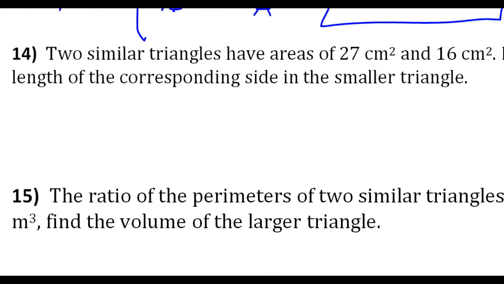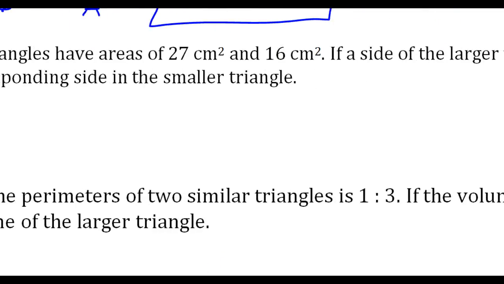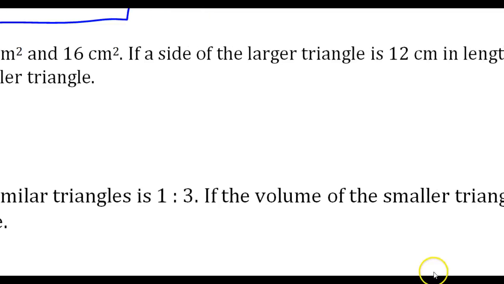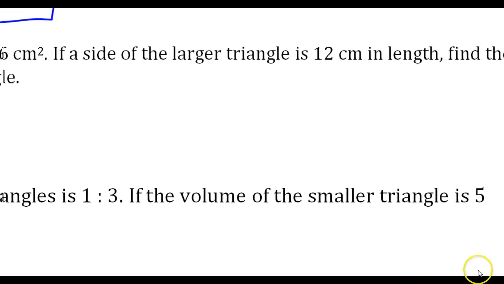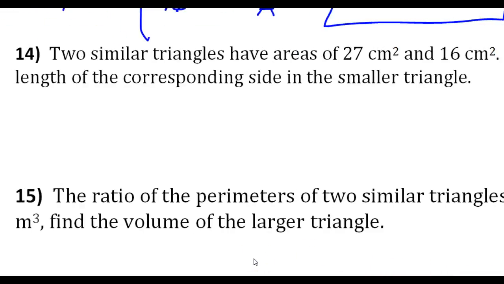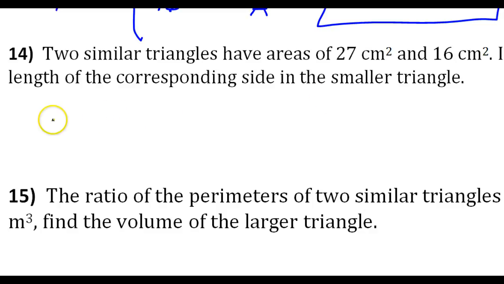Number 14. 2 similar triangles have areas of 27 and 16. If a side of the larger triangle is 12, find the length of the corresponding side of the smaller triangle. So look, guys, we have to sort of work backwards this time.